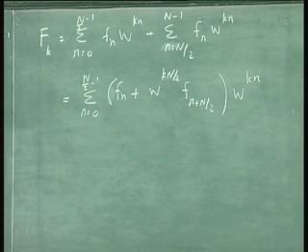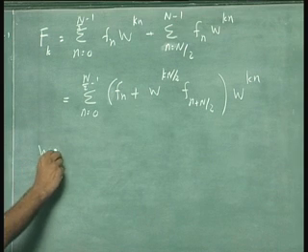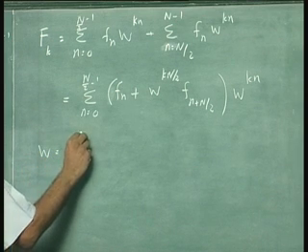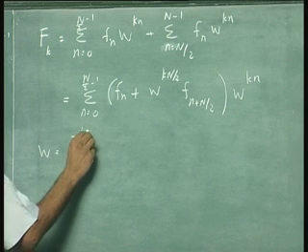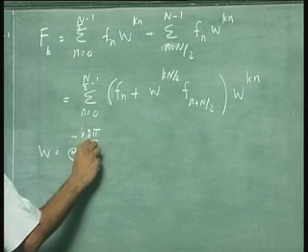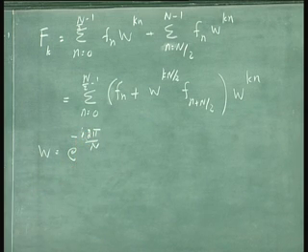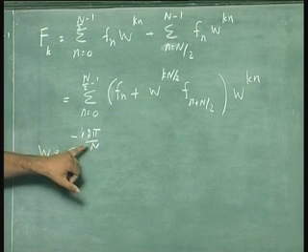So now remember what w is. w was nothing but e to the power of minus i times 2 pi by n. That was our w, that is, i omega naught was 2 pi by n.